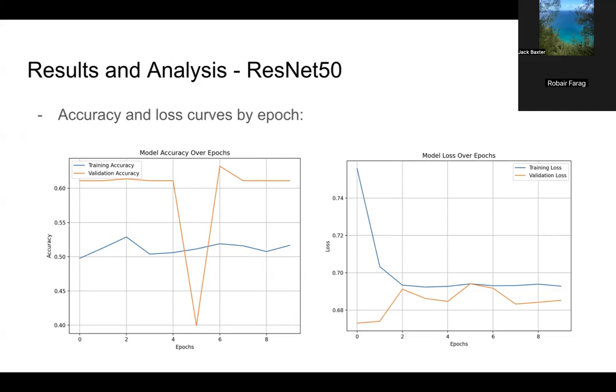And then on the right side we got the model loss over epochs. The blue line represents the training loss, and the orange one is the validation loss. You can see that the training loss started up high, and then it very quickly went as low as it could.